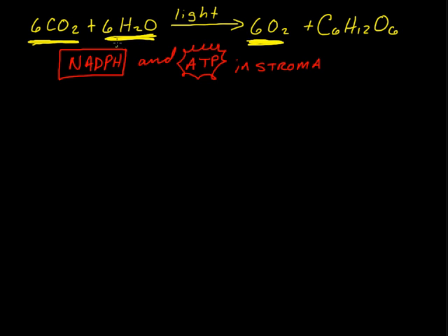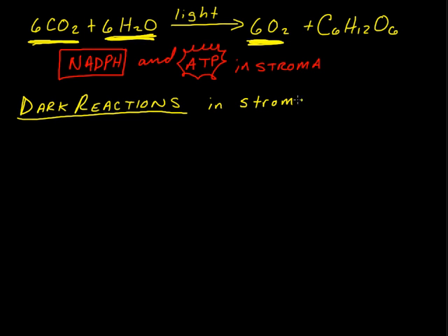Now, if you're looking up at this equation here, the end product of all of this is to make sugars, and that is indeed the end product of the dark reactions. So let's talk in more detail about the dark reactions. The dark reactions take place in the stroma of chloroplasts.